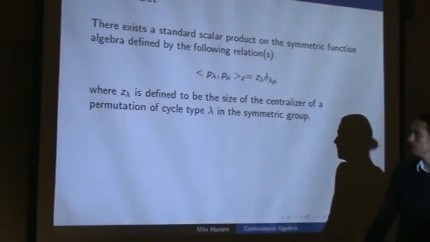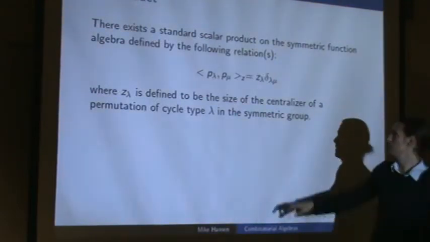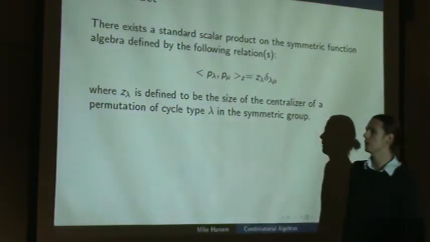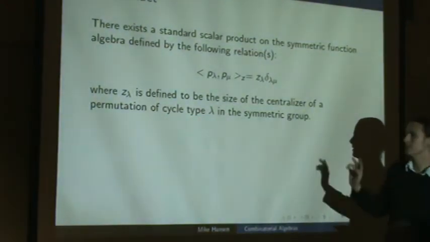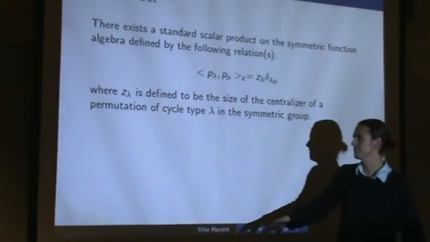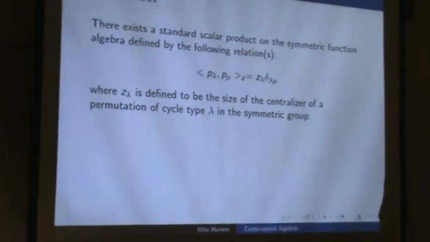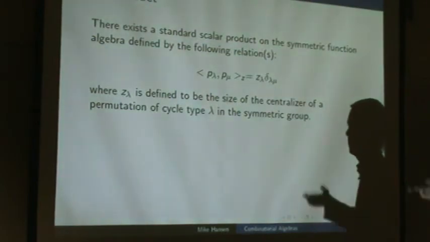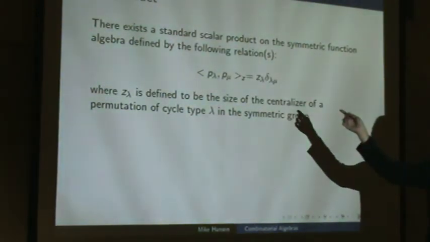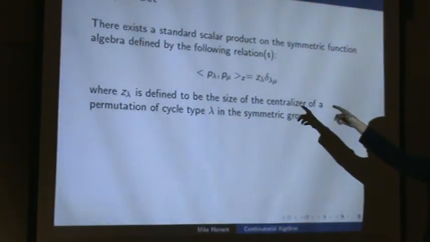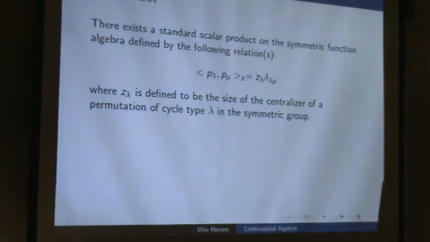So if lambda and mu are not the same, then the scalar product is 0. Otherwise, it's given by z sub lambda. And this is defined to be the size of the centralizer of a permutation of cycle type lambda in the symmetric group. So it's not particularly important what that number is. It's just that the power sum symmetric functions are orthogonal, like it's an orthogonal basis under this scalar product.